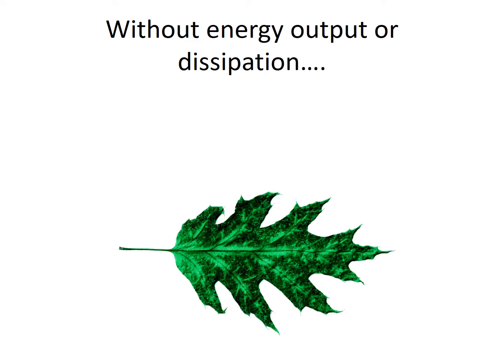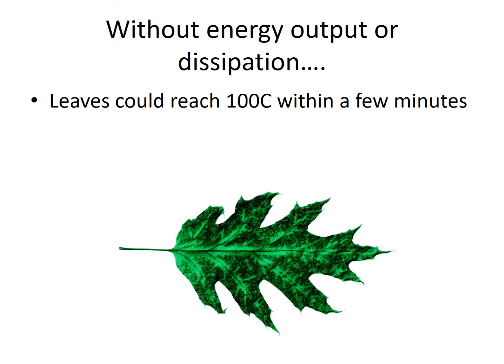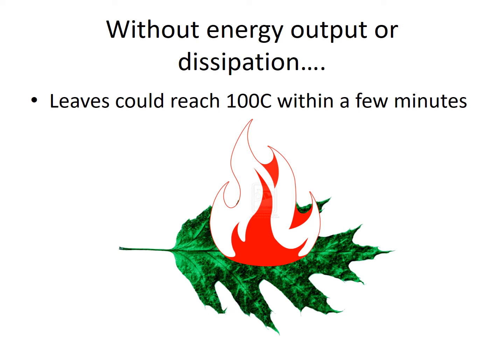So it's an interesting fact that without energy output or dissipation, without any way of getting rid of the energy that leaves an orb, in full sunlight, a leaf could reach 100 degrees Celsius within a few minutes. That's pretty hot.